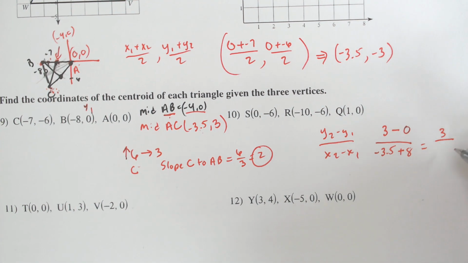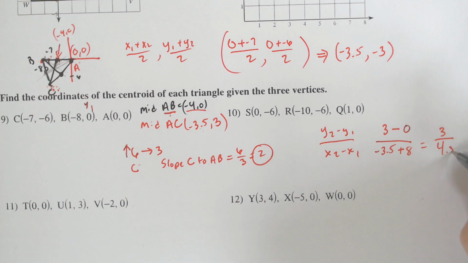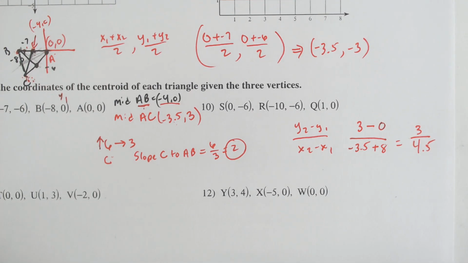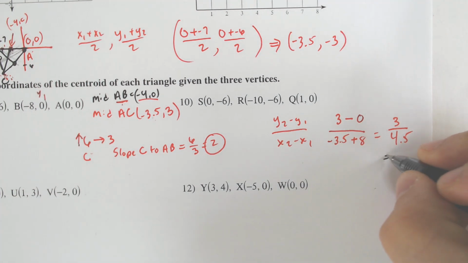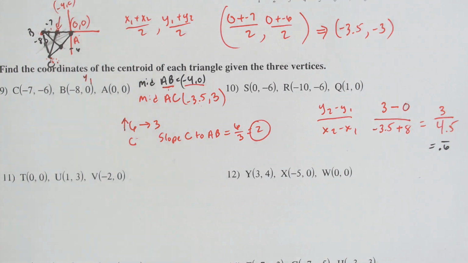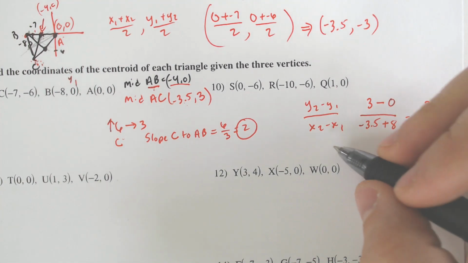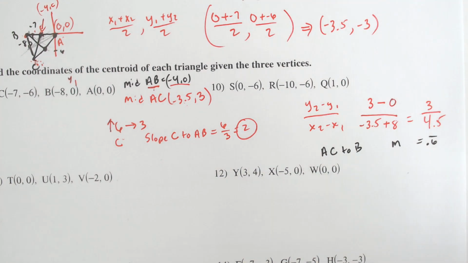So we end up with 3 over, what is 8 minus 3.5? We end up with 4.5. 3 over 4.5, which I'm just going to write as the decimal 0.6 repeat, because that is what it is. It's 2 over 3. All right. So that is the slope of AC to B.